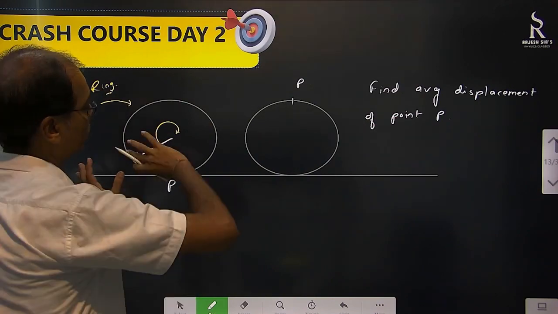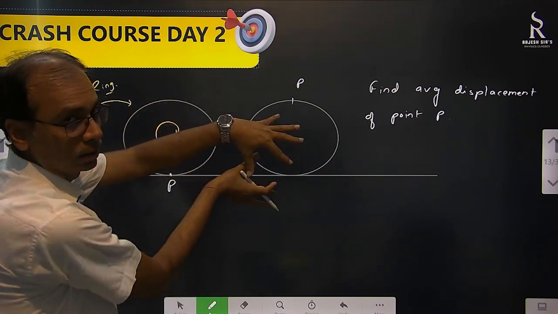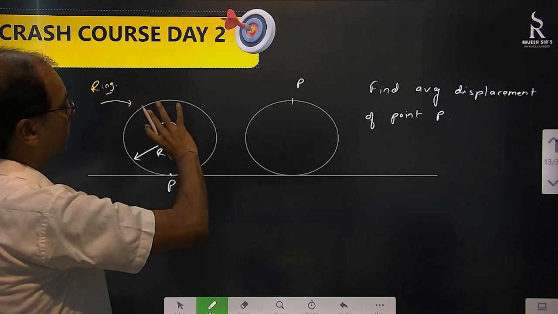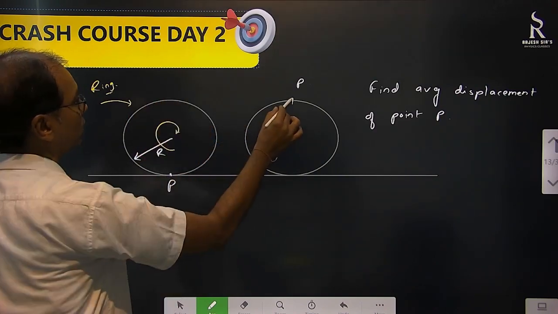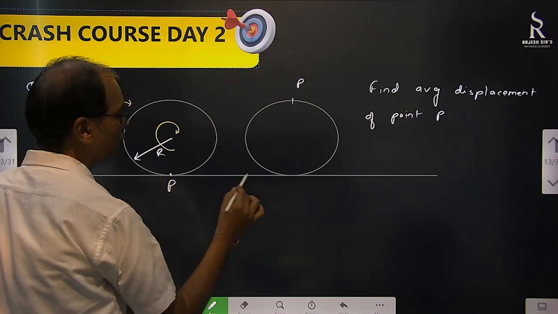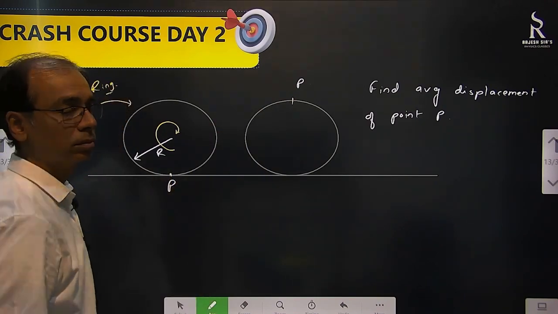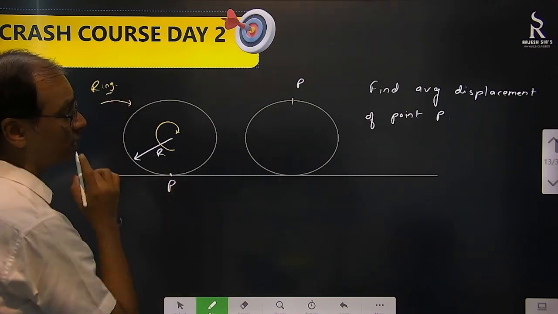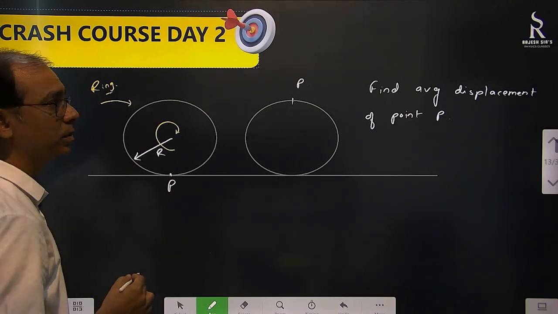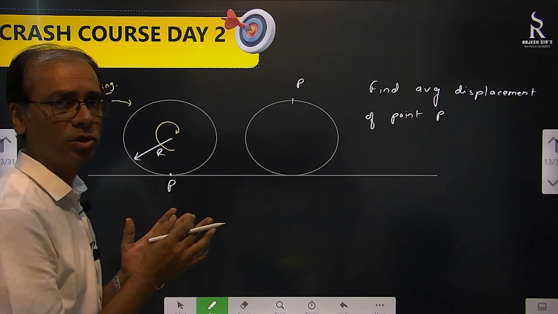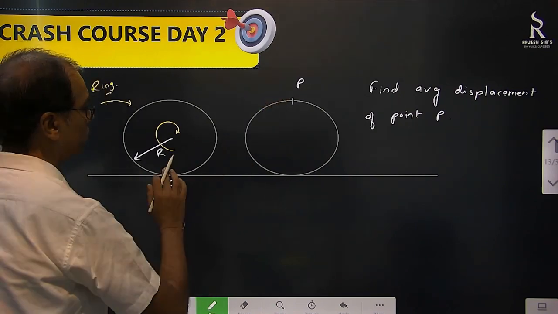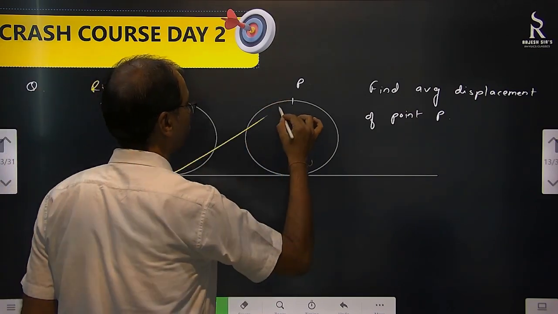Rolling means it's moving ahead, so point P is reaching over here, but at the same time the ring is moving ahead also. We have to find the displacement of the point. Displacement is always the shortest distance between the initial and final position. This is the final position, this is the initial position. That means this is what we have to find.